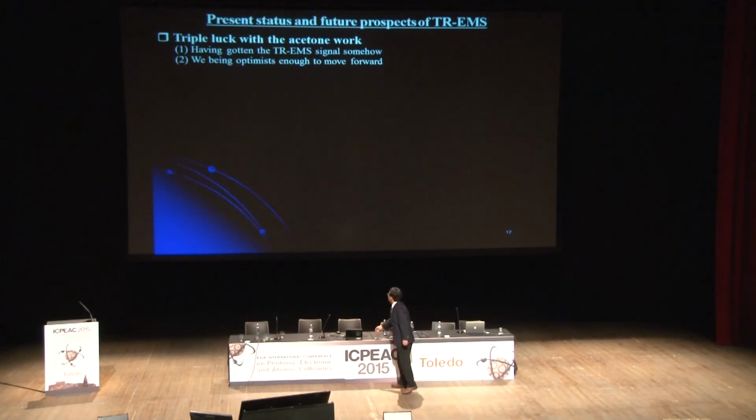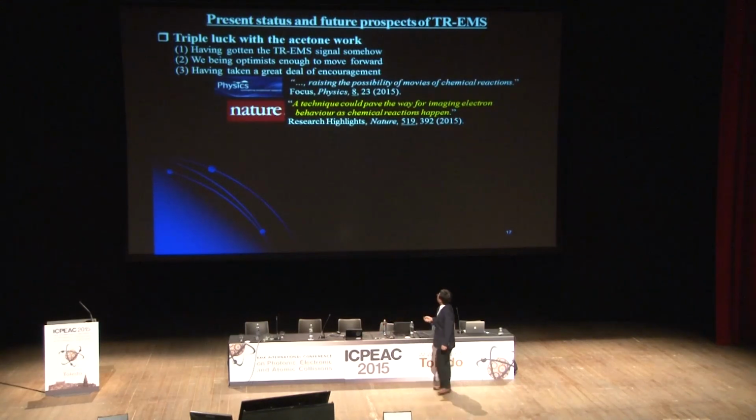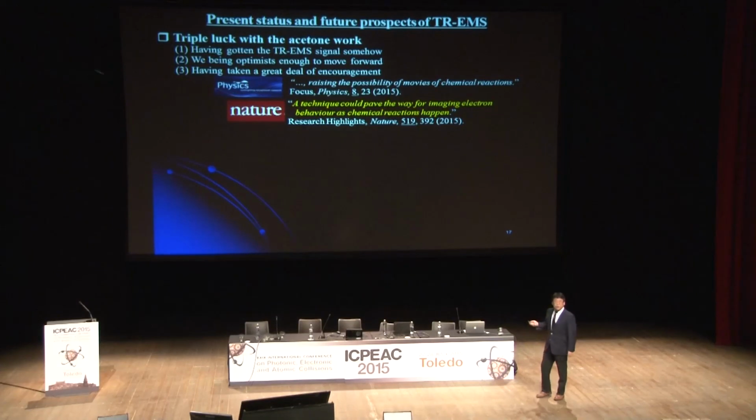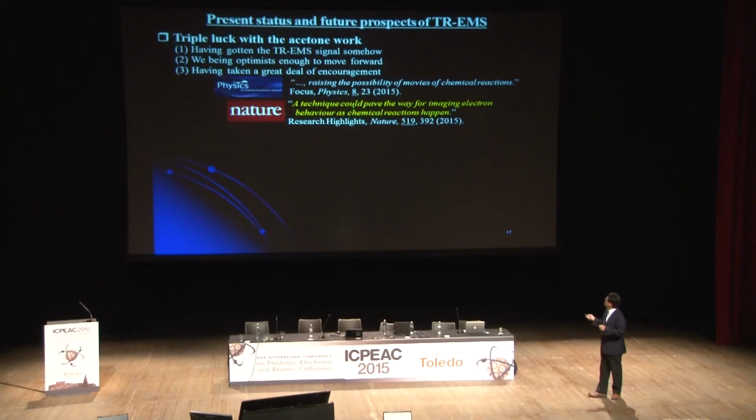Thirdly, we have taken a great deal of encouragement from the American Physical Society and Nature magazine. For instance, the latter has reported this work such that the technique could pave the way for imaging electron behavior as chemical reactions happen.